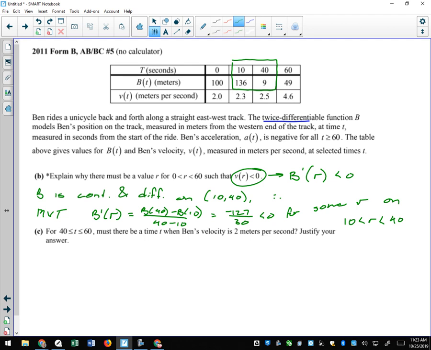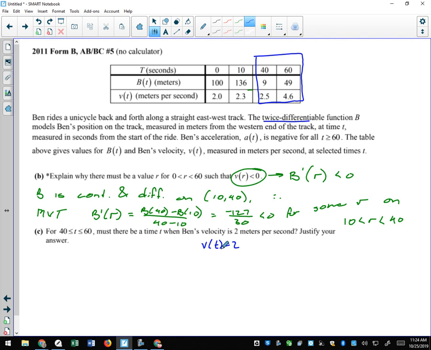All right, number C. Almost the exact same question, only easier. We're trying to show that the velocity is equal to 2 somewhere on 40 to 60. Again, I would like to use the intermediate value theorem, but to use it, we would need the velocity to dip below 2, and we're looking only on the interval 40 to 60 this time. The data for intermediate value is inconclusive.